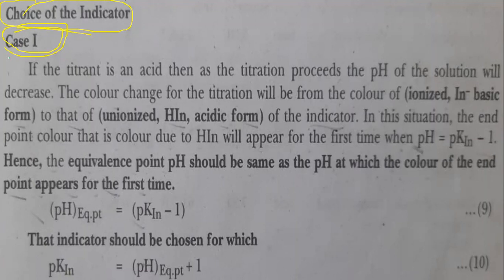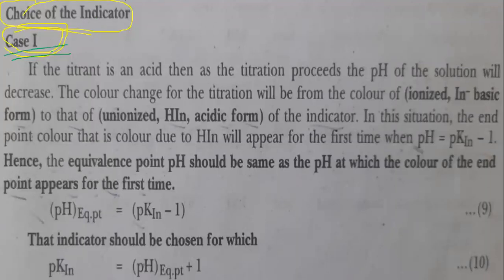And each two-color indicator shows two colors, which are different in the ionized state and unionized state. So we will see case first in the choice of indicator.